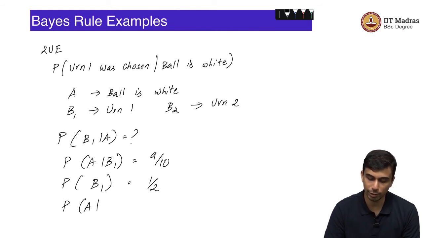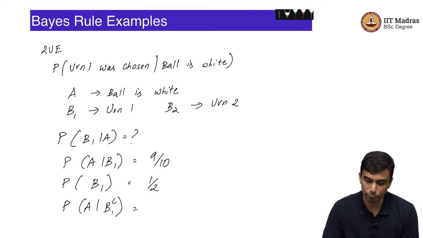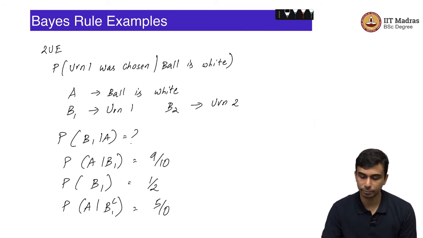And what is the probability of A given B1 complement? B1 complement is simply equal to B2, so the probability of A given B1 complement is 5 by 10. And the probability of B1 complement is also equal to 1 by 2.